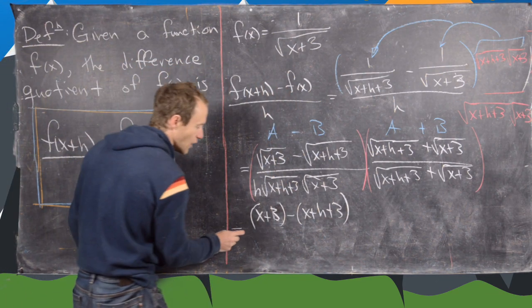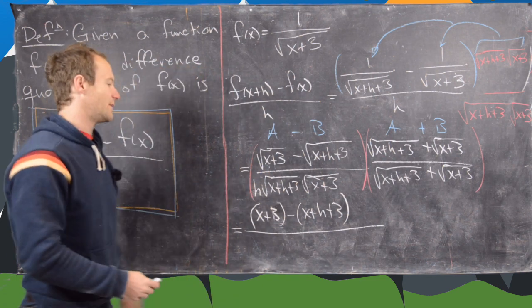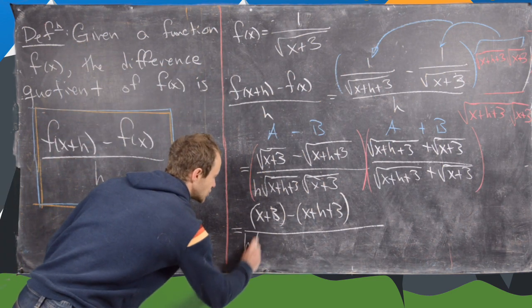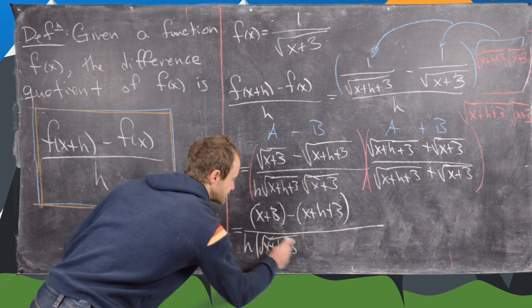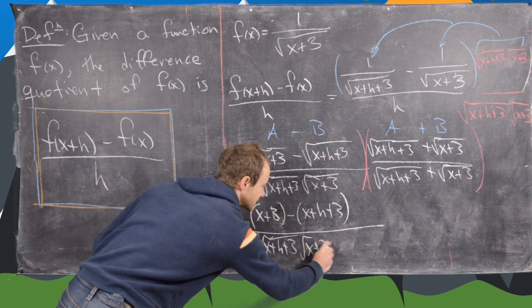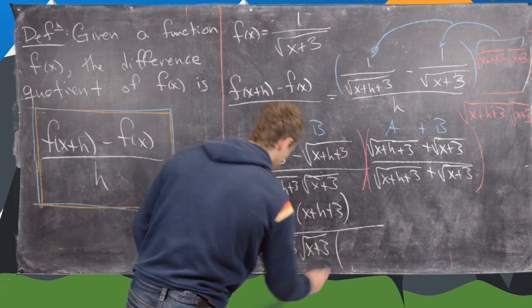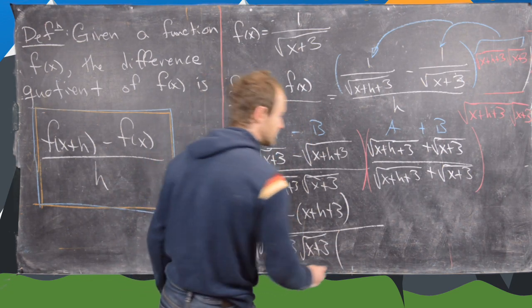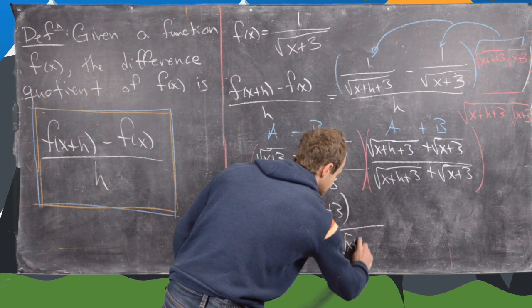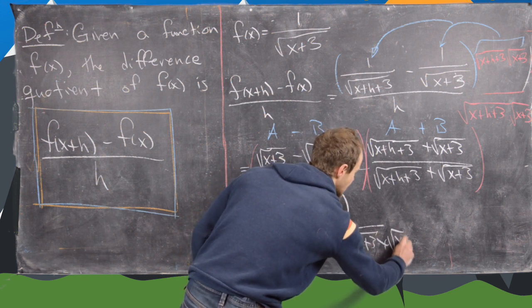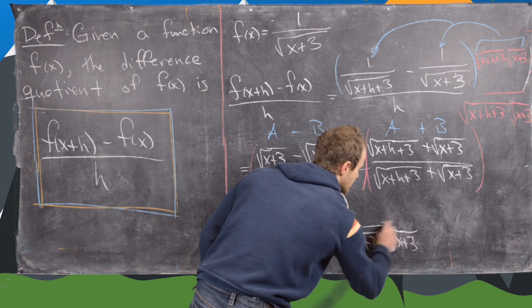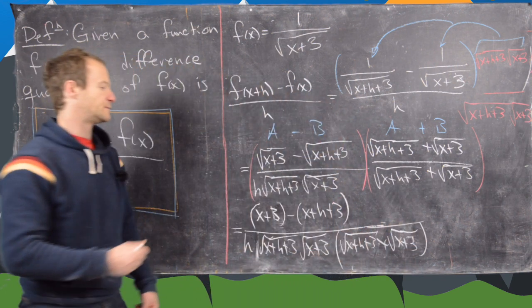And now that's going to be over this big denominator, which is h times the square root of x plus h plus 3, times the square root of x plus 3, and then the sum of those. So this is going to be the square root of x plus h plus 3 plus the square root of x plus 3. Okay, good.